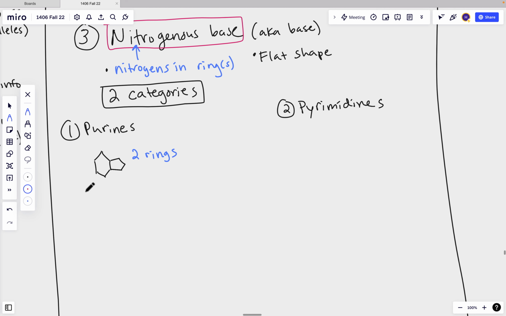All right, we have 2 types of purines. We have adenine, that's a nitrogenous base, adenine, and we have guanine. Adenine we abbreviate A, guanine we abbreviate G. So if you've ever seen ATCG, that's what these guys are. They're the nitrogenous bases.